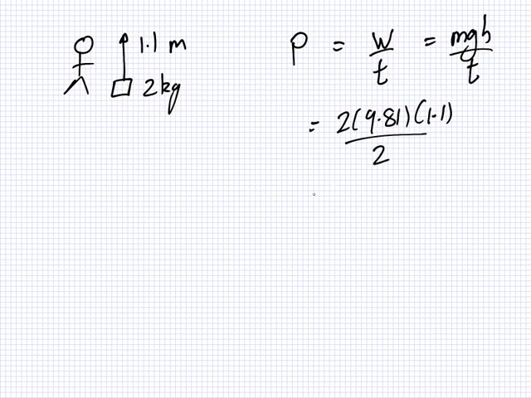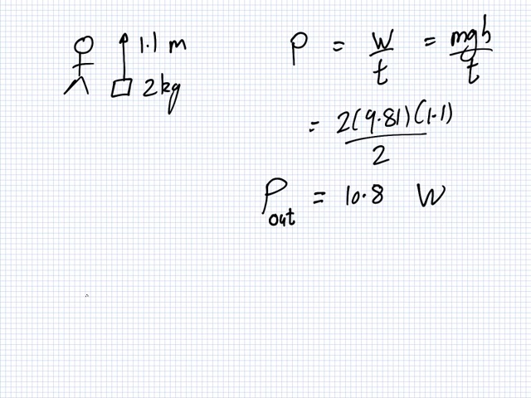What's that about, please? Is it like 10 something? 10.8. Okay. Now, is that input or output? It's output because that's the work that you see done. That's what comes out of him.